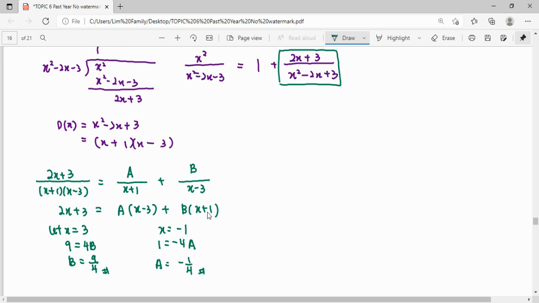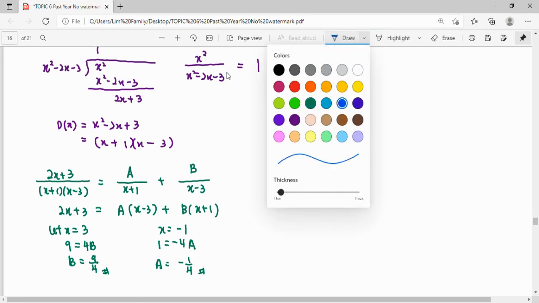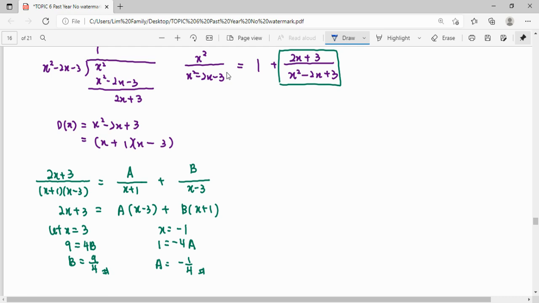After we have done our A and B, we have to rewrite it into our partial fraction form. So we go back to the original question here, where 2x plus 3 over our factors, x plus 1 and x minus 3, equals, for A, negative 1 over 4, so 4 is at the denominator part, together with x plus 1.